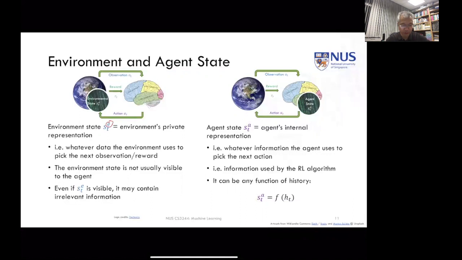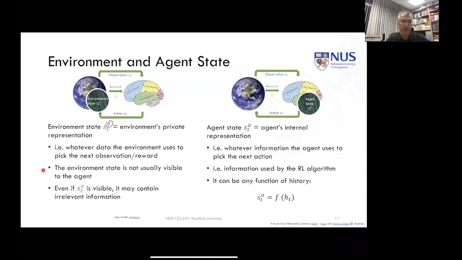So you can think of it as some type of encoding of what's going on in an environment after receiving an action from the agent, okay? So whatever data the environment is using to pick the observed values that it's going to expose to the agent, and what type of reward value, if any, it's going to send back to the agent, okay?